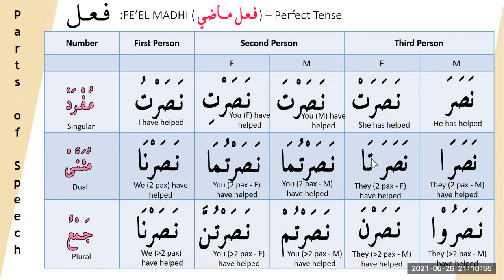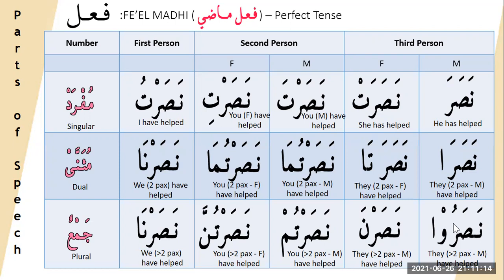But you don't have to recognize all 13. Just focus on what is most common in the Quran, which is the third person male singular and third person male plural. Meaning you have nasara and nasaru.